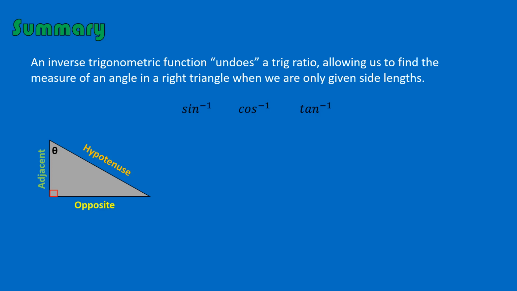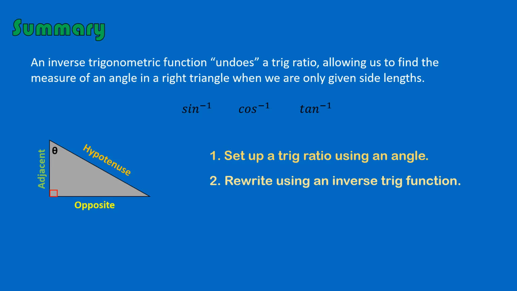And the inverse trig functions we looked at today are sine inverse, cosine inverse, and tangent inverse. And we said the steps were first set up your trig ratio, then rewrite it using the inverse trig functions, and finally calculate it using a calculator. And that's all for this lesson.